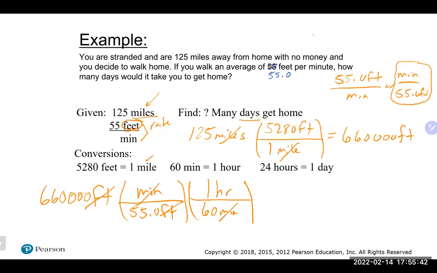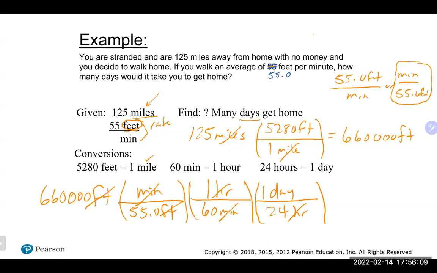And again, I can see my hours now are on top, which means I want to get rid of hours and go to days. That means I need to put my hours on the bottom and my day up on top. Hours will cancel. Again, I can't tell you how many times I've seen people, in this case, multiply the time instead of dividing, which is what you're supposed to do. So it's really critical that you set all that up.